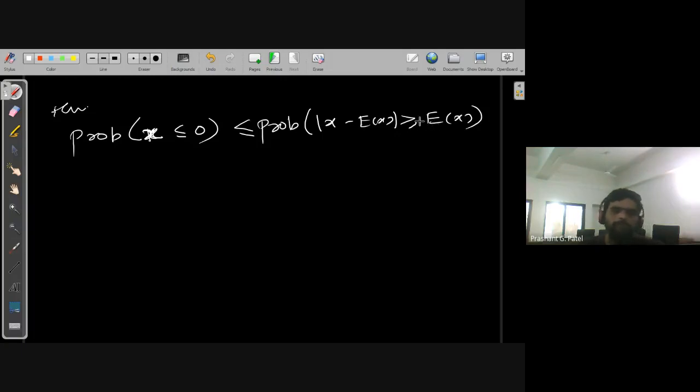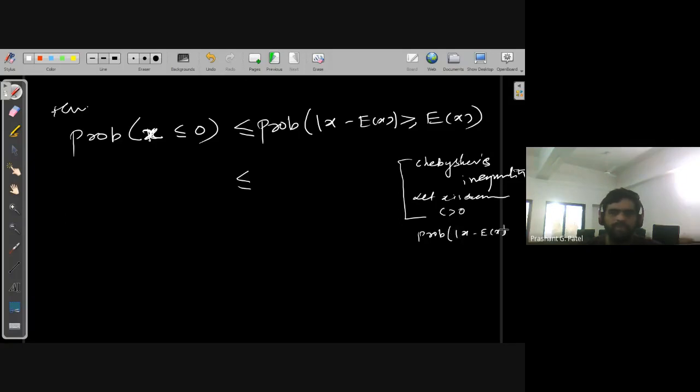And we use the Chebyshev inequality. Let us recall what the Chebyshev inequality is. Does anyone remember it? It says that for X a random variable and C greater than 0, the probability of mod of X minus expectation of X greater than or equal to C is less than or equal to variance of X upon C square.